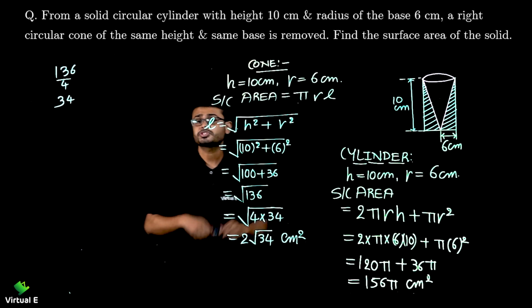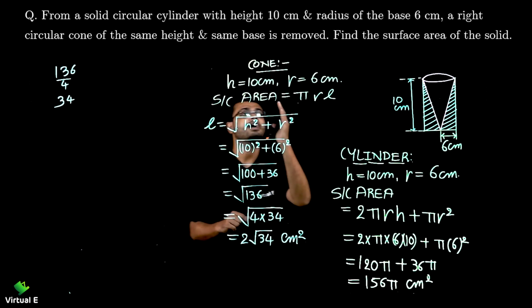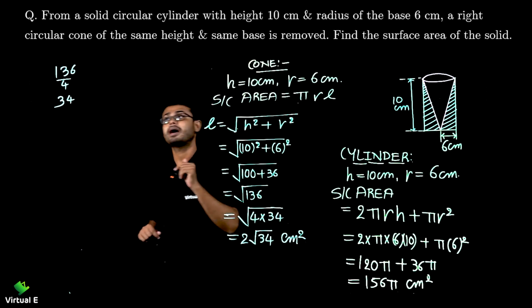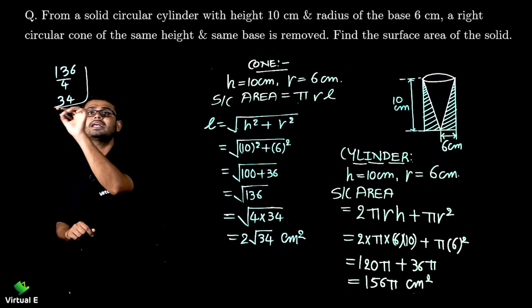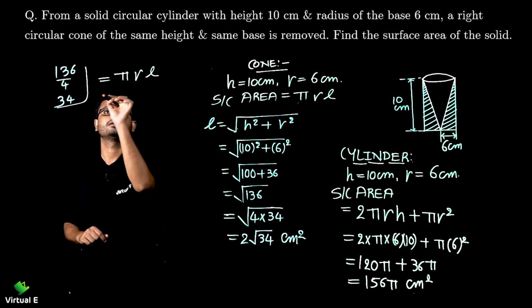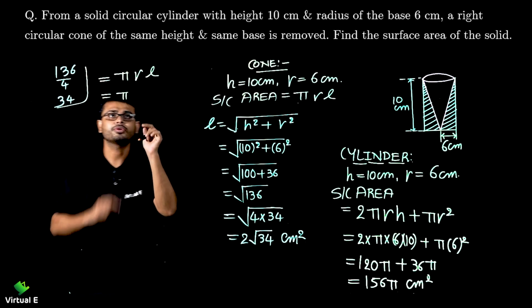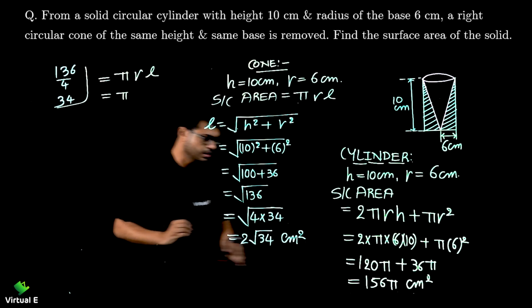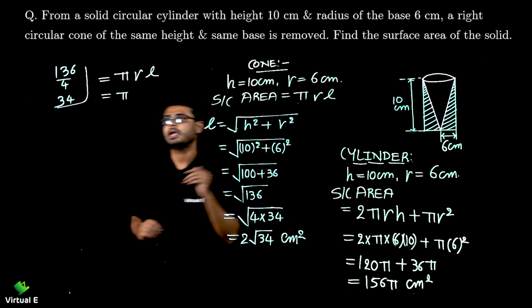Now we don't want to stop here. We want to find the value of surface area, which is pi r L. So let's come back to that calculation. Pi as it is, because I'm going to keep it as it is in this case as well, so it is easy to do addition.